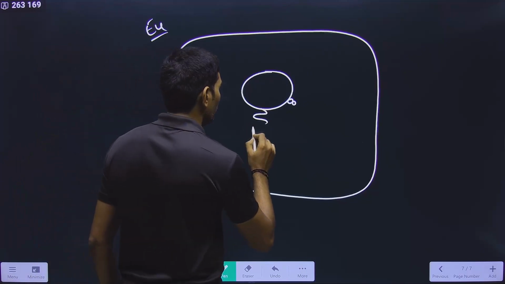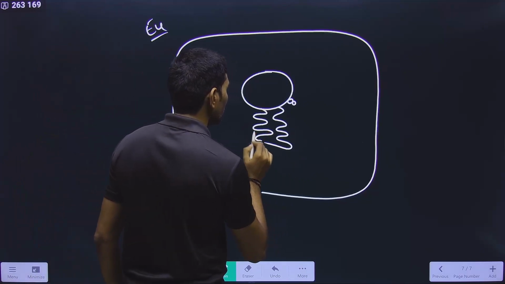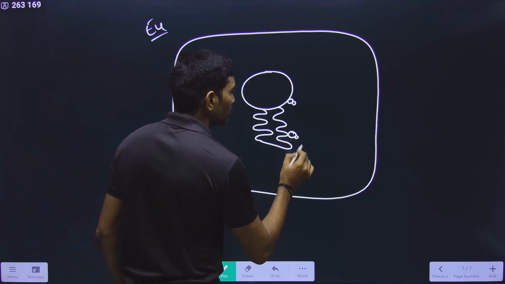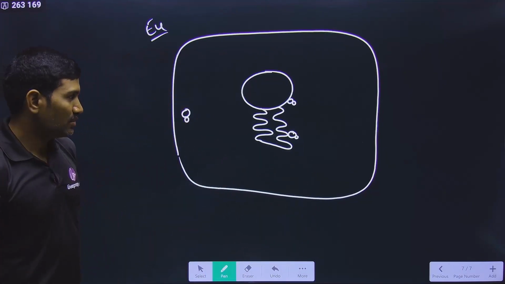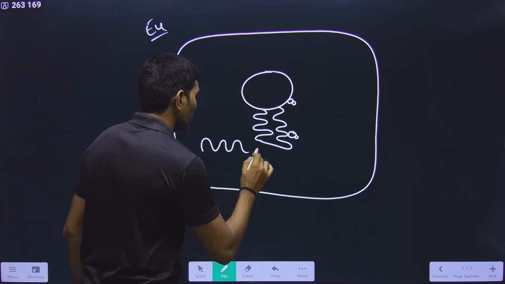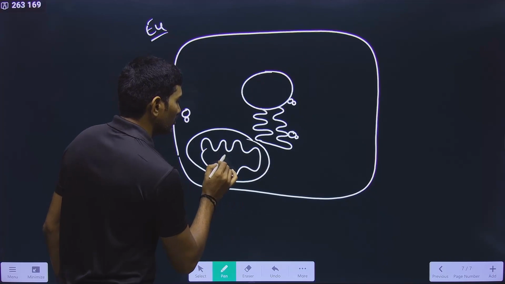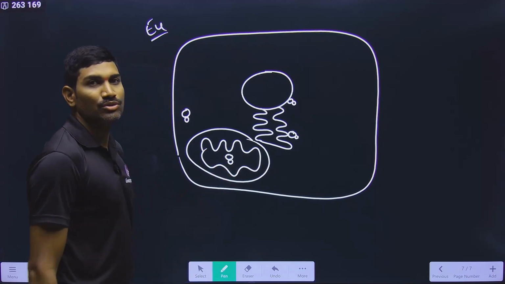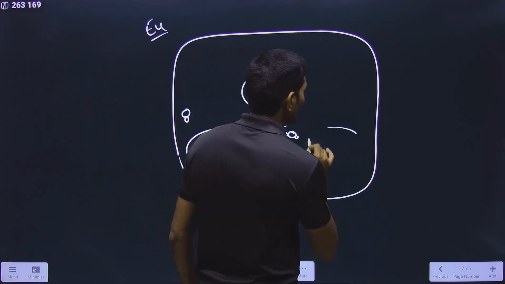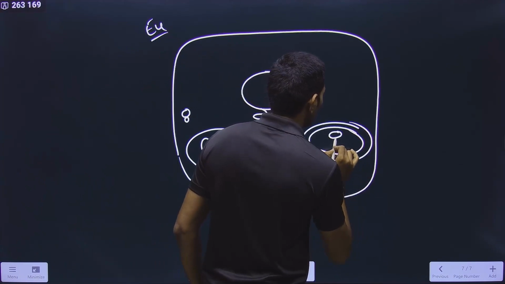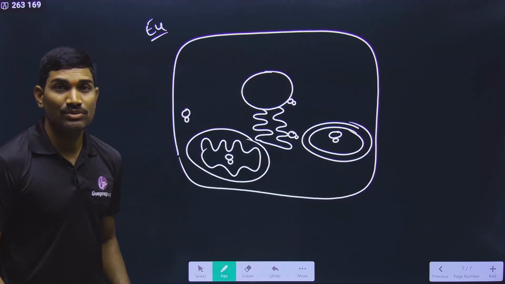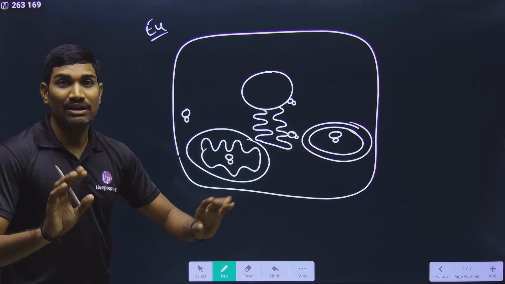And suppose this is the endoplasmic reticulum. Some ribosomes are attached on the endoplasmic reticulum. Suppose this is the mitochondrial matrix. Inside this also ribosomes are present. Suppose it is a plant cell, a chloroplast will be there, and inside the chloroplast stroma also ribosomes are present. These are the 5 locations we have studied.